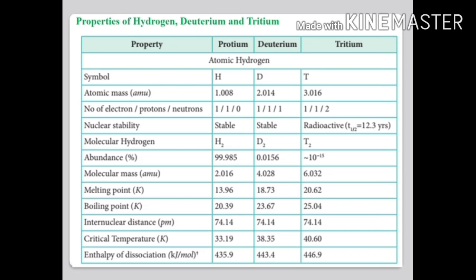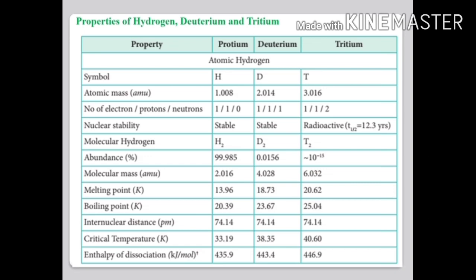Number of electrons present in protium is 1, protons 1, neutrons 0. Deuterium, number of electrons 1, number of protons 1, number of neutrons 1. Tritium contains number of electrons 1, number of protons 1, number of neutrons 2.